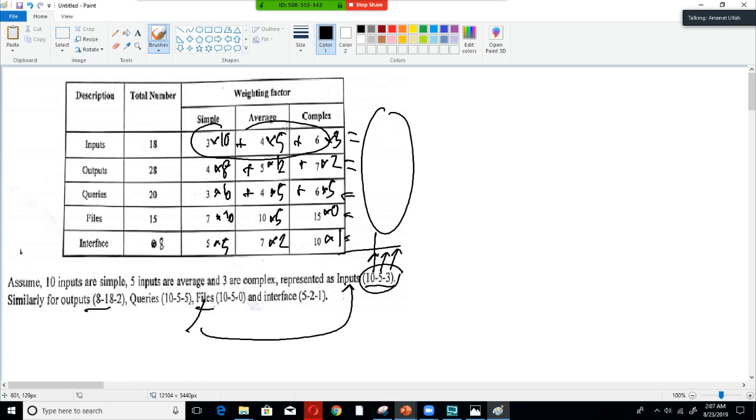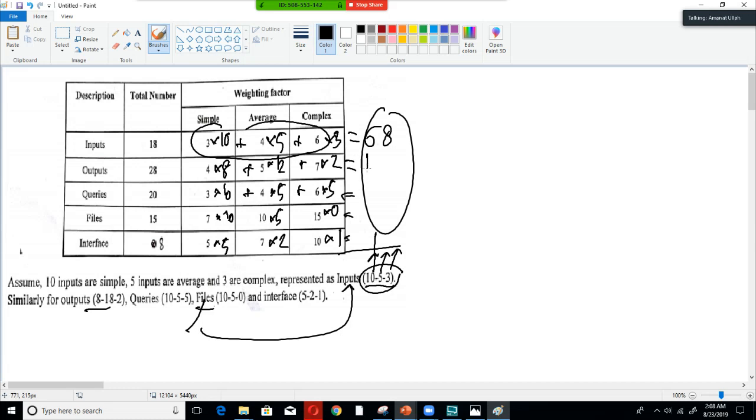So 3 into 10 plus 4 into 5 plus 6 into 3, this will give us 68, and we will get similar for 4 into 8 plus 5 into 12 plus 7 into 2.